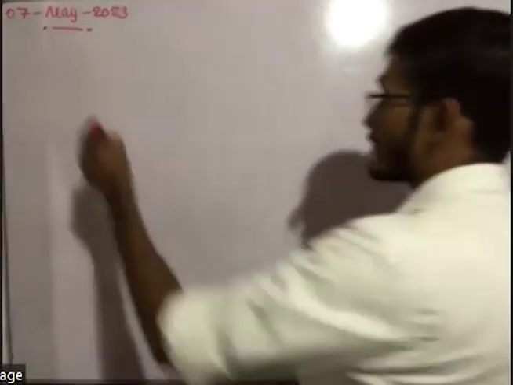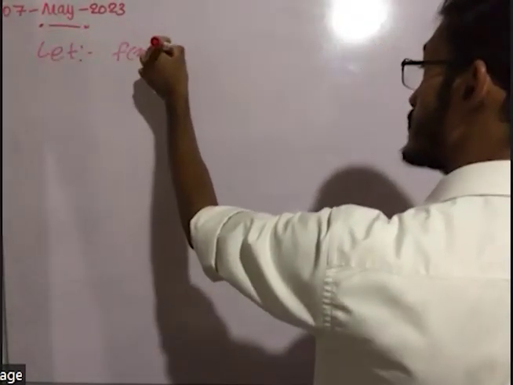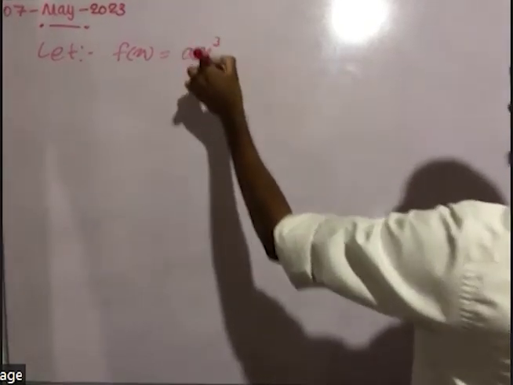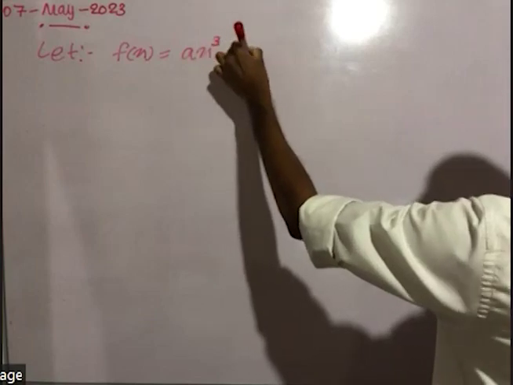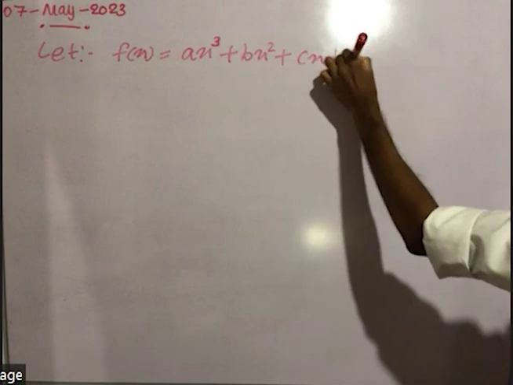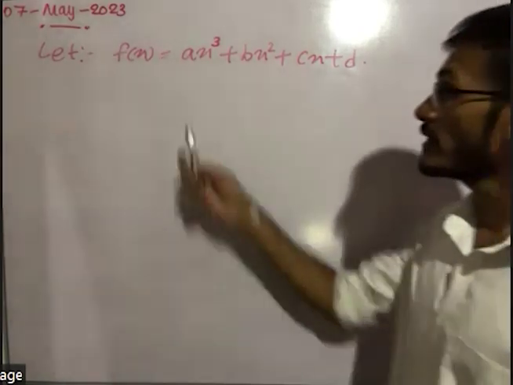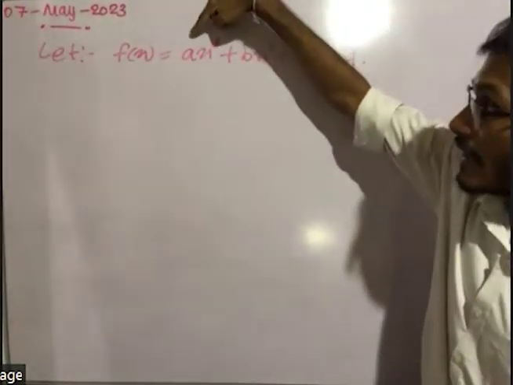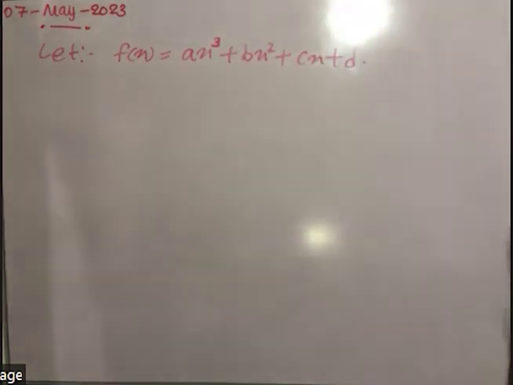So we can assume that fx is equal to ax to the power 3 plus bx square plus cx plus p, right?